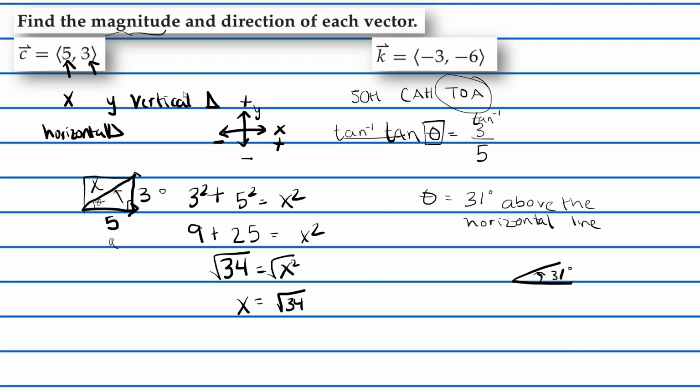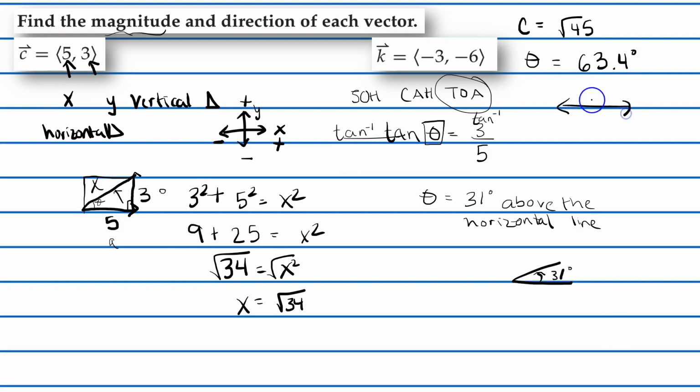So now why don't you go ahead and find the magnitude and direction for vector k. If you do this correctly, you should find that the magnitude of vector k is equal to the square root of 45. And then you should also find that theta is equal to 63.4.